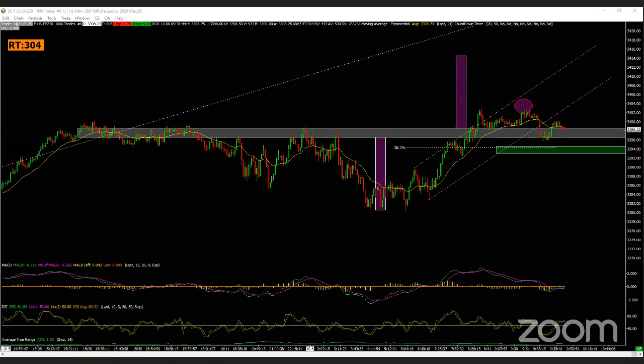Maybe it's going to give us our second try, then it's going to go, right? Maybe it's going to give us our second try into the 38.2 zone, and then it's going to go. That would be nice. That would be a nice trade.